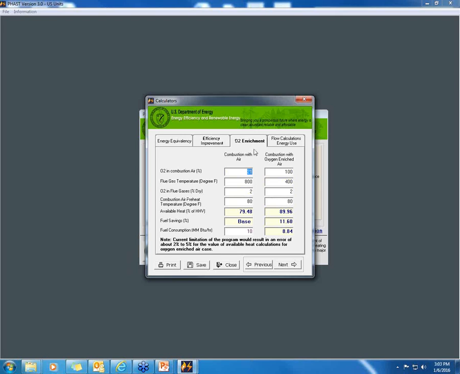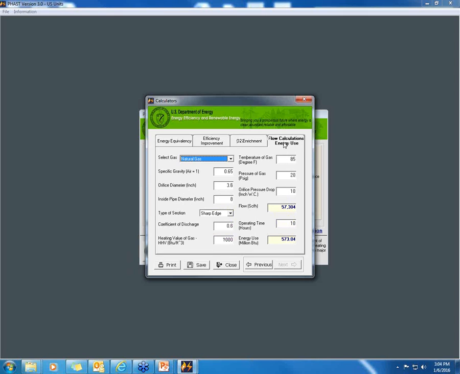Same thing with the oxygen enrichment calculator. If you want to enrich combustion air with oxygen rather than just 21% oxygen, maybe go for 100% oxygen or 80% oxygen, you can use this calculator and see what kind of fuel savings are possible. And then the last one is flow calculations, energy use.